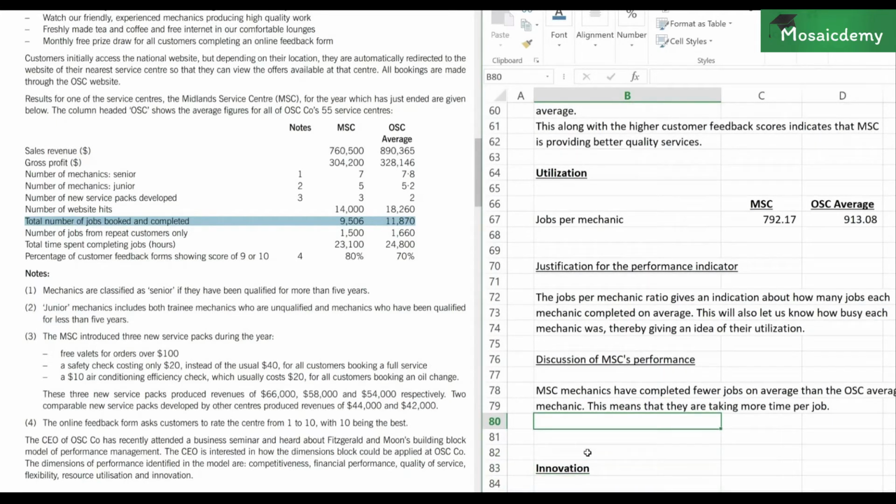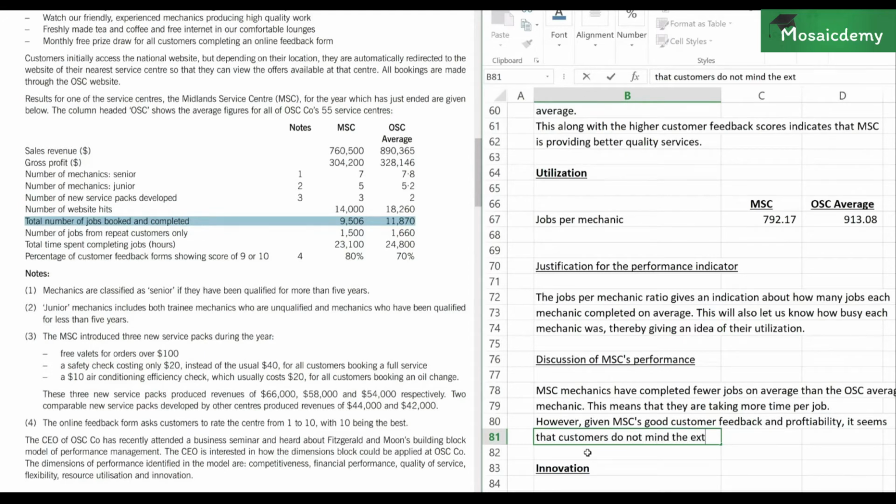However, given MSC's good customer feedback and performance and profitability, it seems that customers do not mind the extra time taken, right?